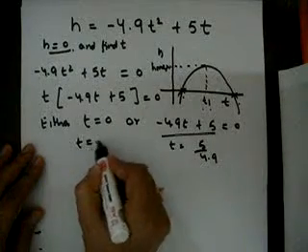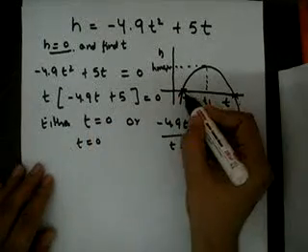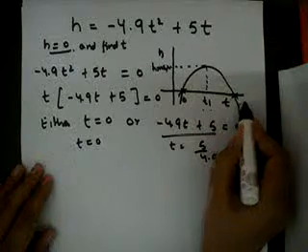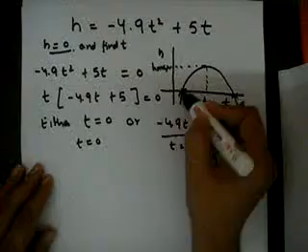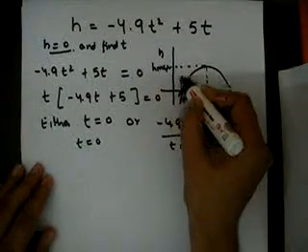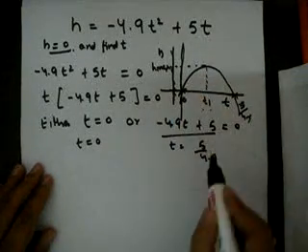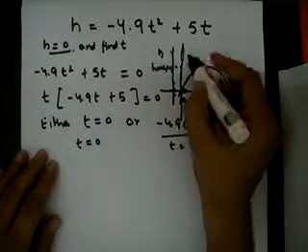So basically here we have t equal to 0, and here we have t equal to 5 by 4.9, which is about 1.02. At t equal to 0, h is also equal to 0. So after determining the roots, I can say this graph will look like this, and h max will be here.